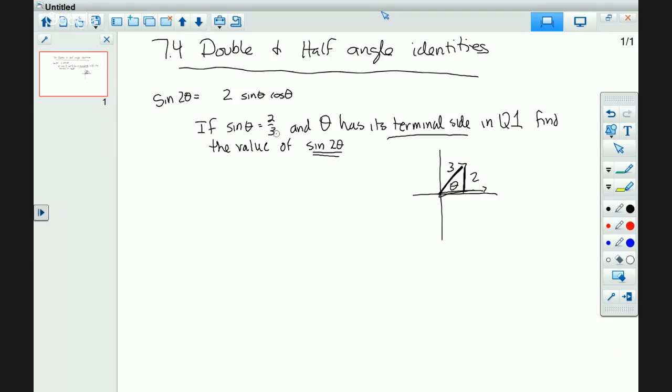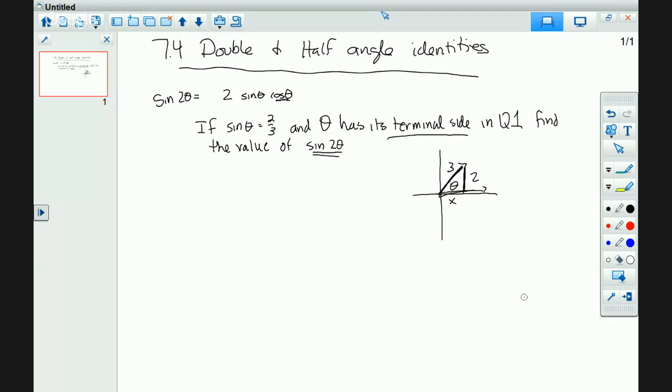To find sine 2 theta, we also need cosine, right? Because that's the identity. So we need sine and cosine. What's the cosine here? Yeah, x over 3.